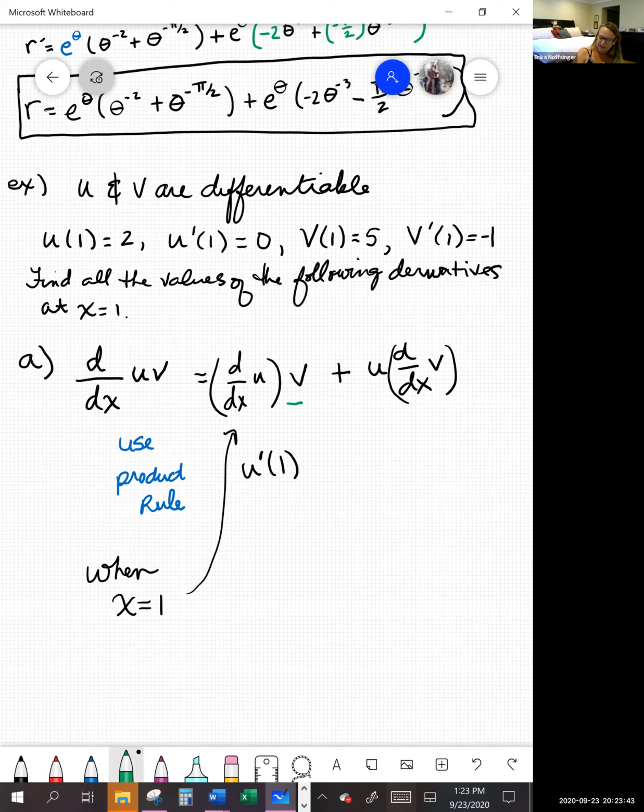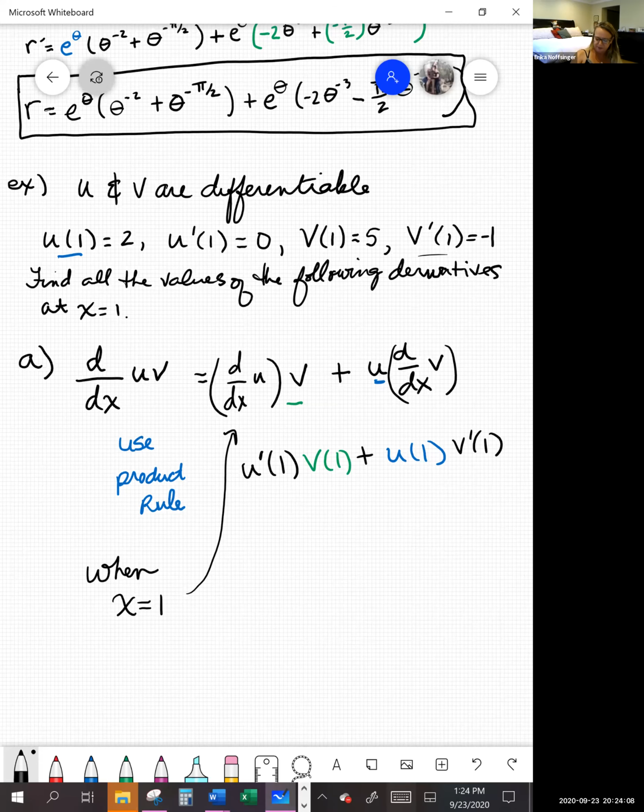This piece here, we're looking at v of 1, plus, looking at our original function, u of 1 all times the derivative of v, which is v prime of 1.